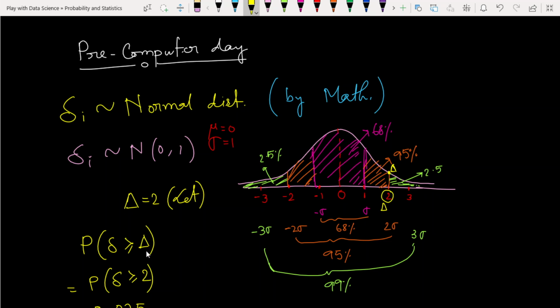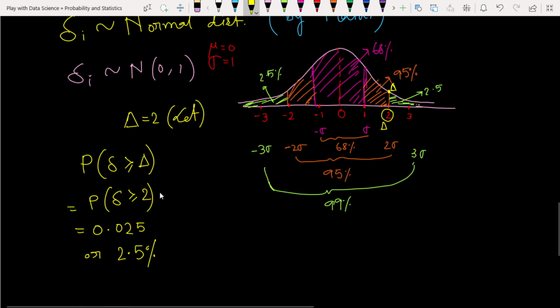This probability value is called the p-value, and on its basis they took decisions. If this value is greater than 5%, they accept the null hypothesis; otherwise, they reject it. I think you got the idea.